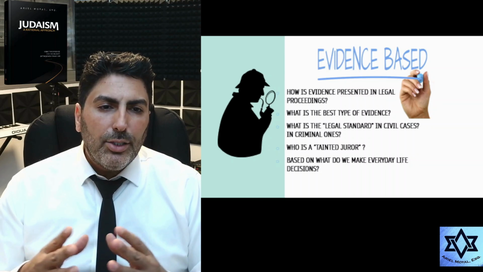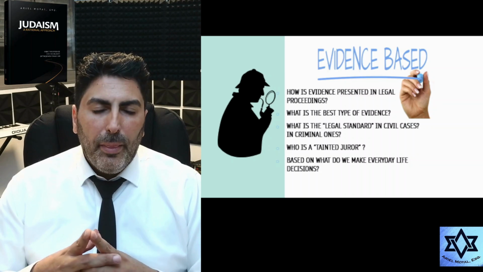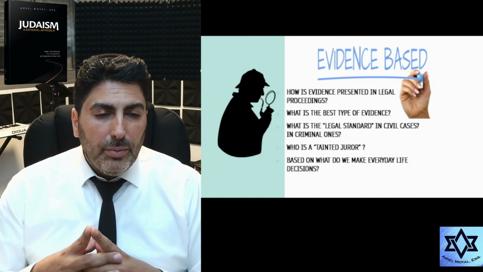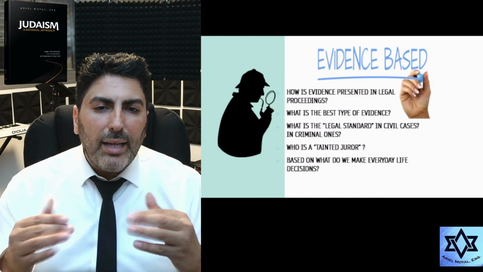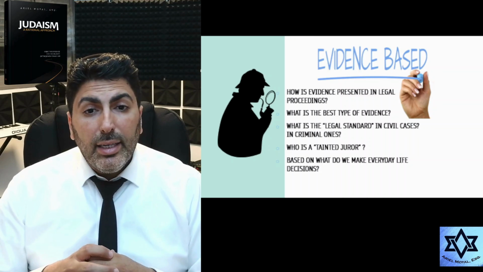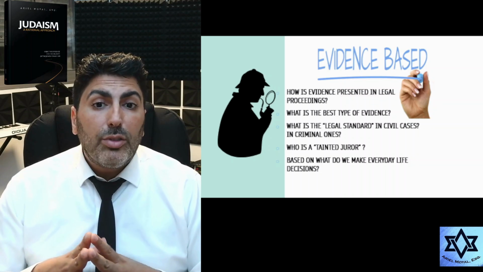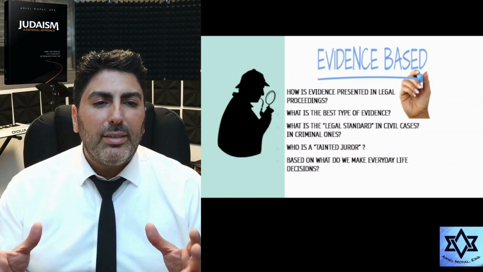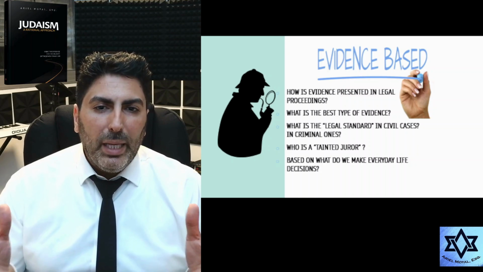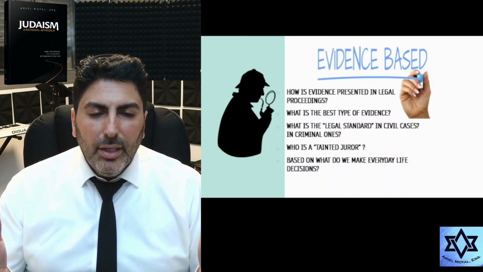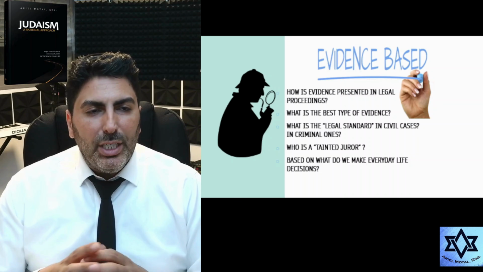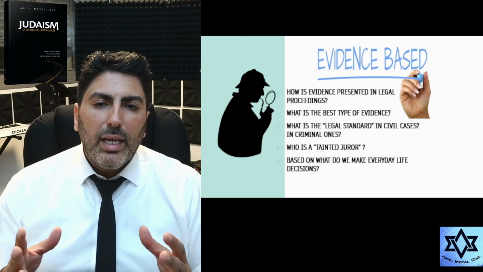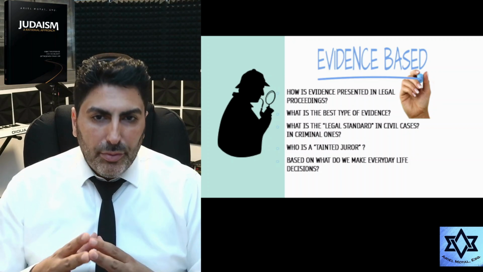Now, in our analogy, who is a tainted juror? A tainted juror would be someone who has a personal interest not to see a conviction. Let's say he's a family member or a close friend of the accused. So someone like this, the evidence to him does not matter because he doesn't want to see the person convicted. So in our analogy here, there are certain people that have already established a worldview.